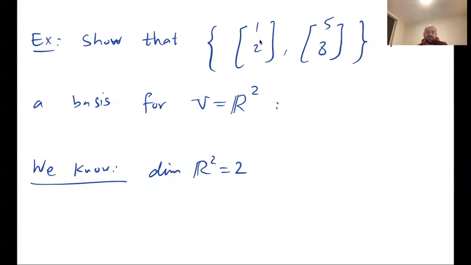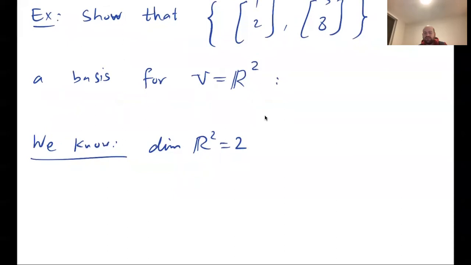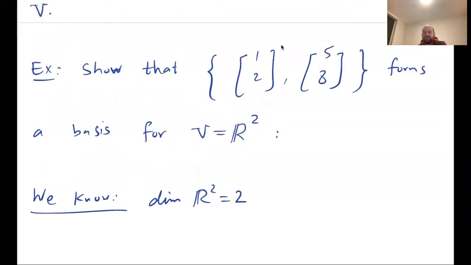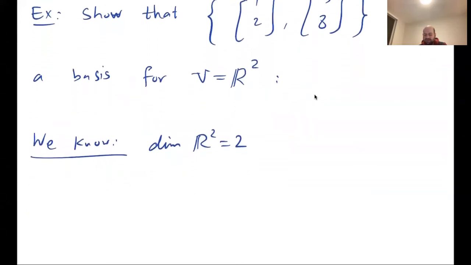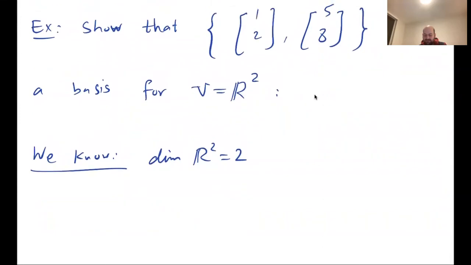But right now, the number of elements in this set is 2, the dimension of this vector space is also 2, the numbers match. So the only condition that we need to check is linear independence. If this set is linearly independent, because the numbers match, we can automatically conclude that the set is a basis.